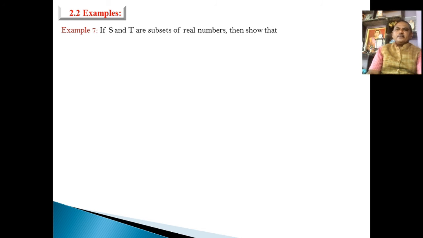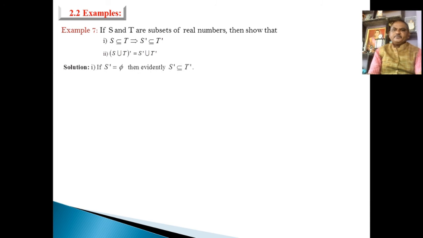Example number 7. S and T are subsets of the real numbers. Then show that first, if S is a subset of or equal to T, this implies the derived set of S is a subset of or equal to the derived set of T. And second, the derived set of S union T is equal to the union of the derived sets of S and T. Solution.